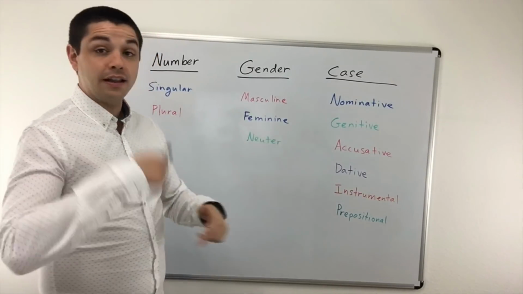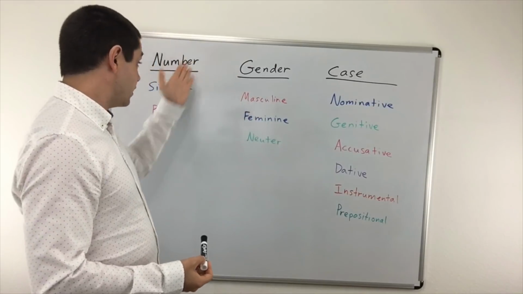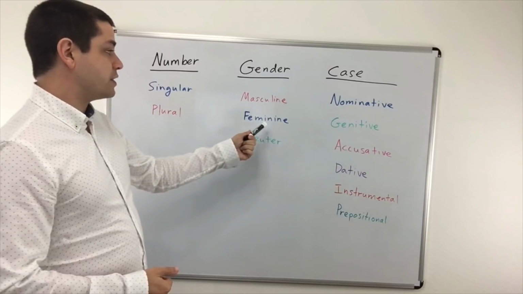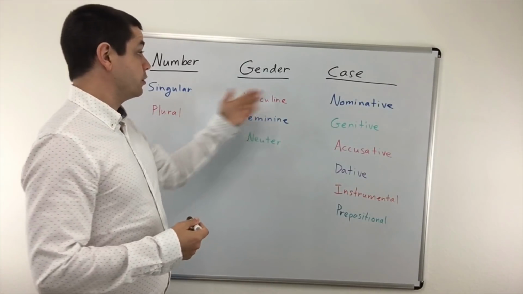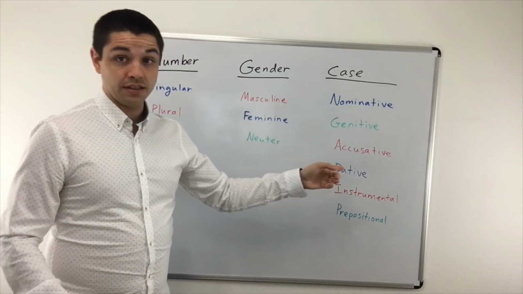Or accusative, and the ending will be different again. So it depends on what the number is, what the gender is, and what the case is. And if it's feminine and it's singular nominative, then the ending will be different than if it's masculine singular nominative.